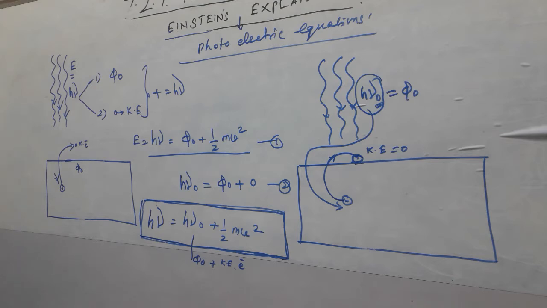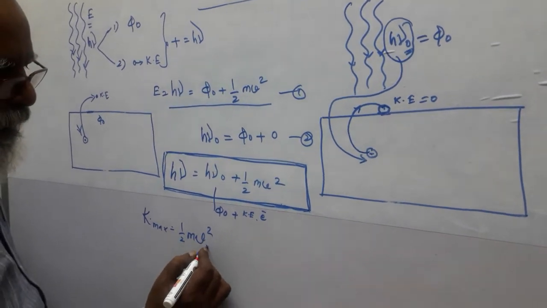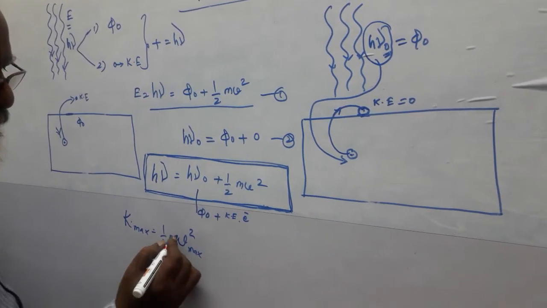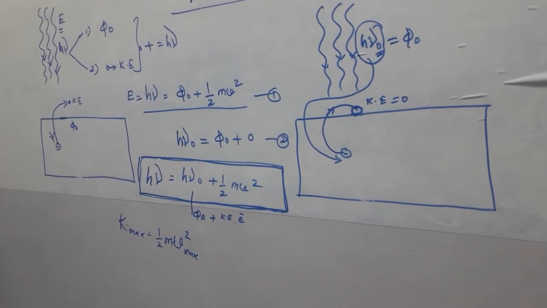Now, how can we explain the maximum kinetic energy? Maximum kinetic energy is K maximum, which is equal to half m v square maximum. I hope you understand.